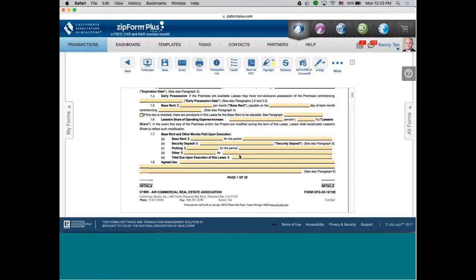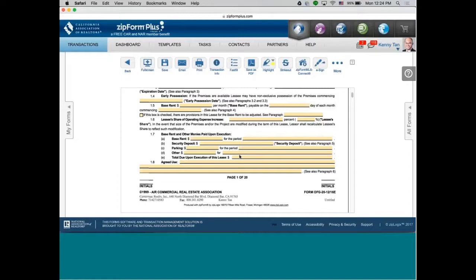However, nothing prevents the landlord from charging the tenant for any increase in the operating expense. That's why this is a modified gross and not a gross. Because if it is a gross, the landlord cannot come back and charge the tenant any extra due to any increase in the operating expense. Okay, so keep that in mind.